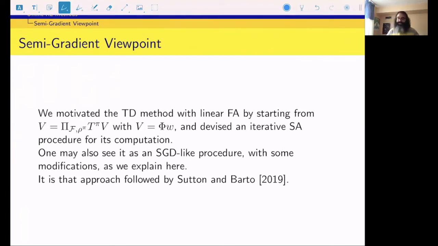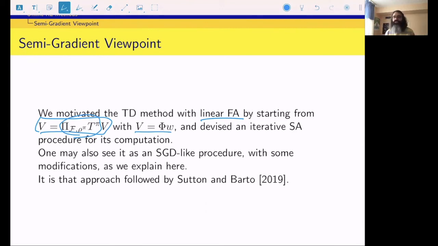So I want to talk about another viewpoint of these TD methods, which can be called the semi-gradient viewpoint or pseudo-gradient viewpoint, for a reason I'm going to explain soon. The way we motivated the TD method with linear function approximation was that we start from the fixed point of the projected Bellman operator, plug it in, and devise an iterative stochastic approximation method.